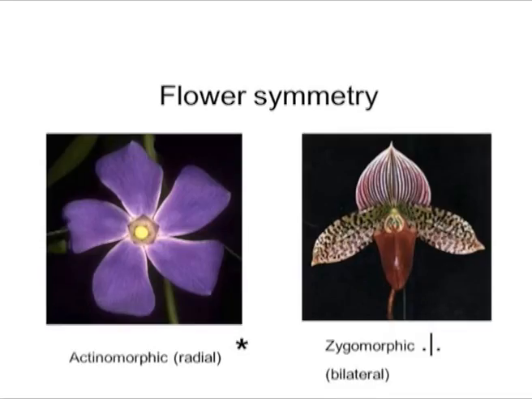In a regular or actinomorphic flower, the sepals and petals are of similar size and shape, and they are divisible into equal halves along more than one plane.